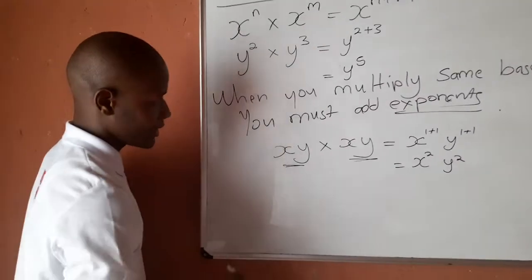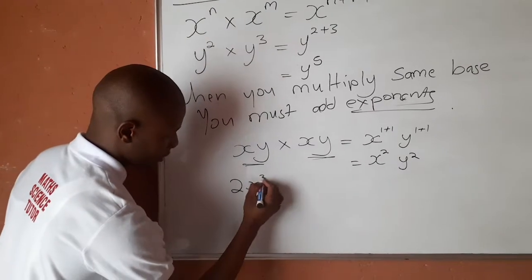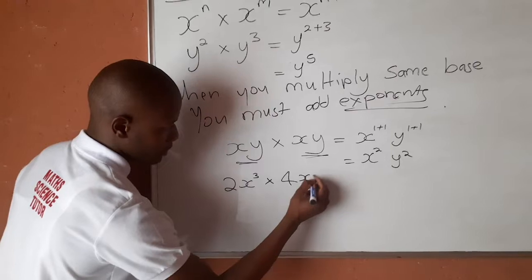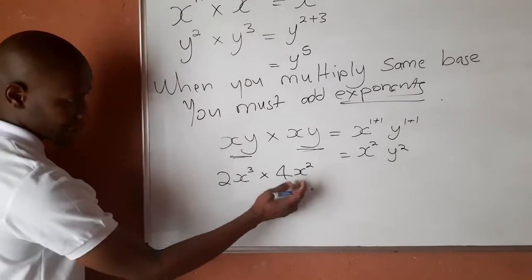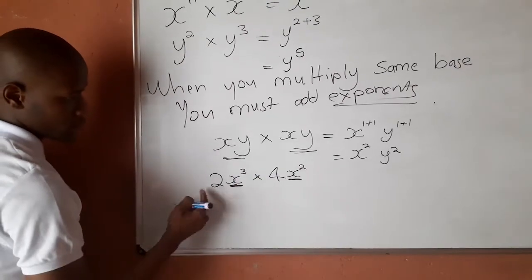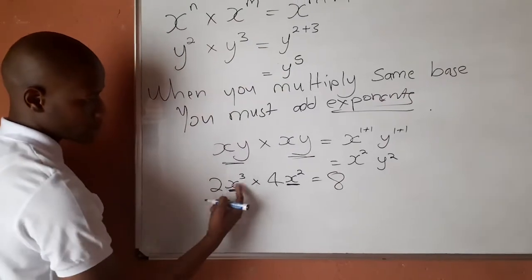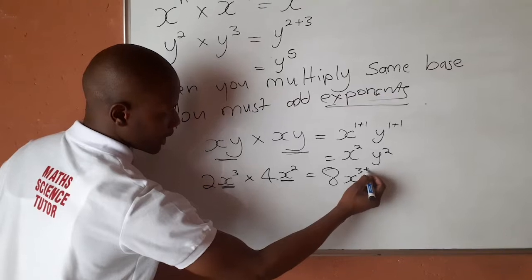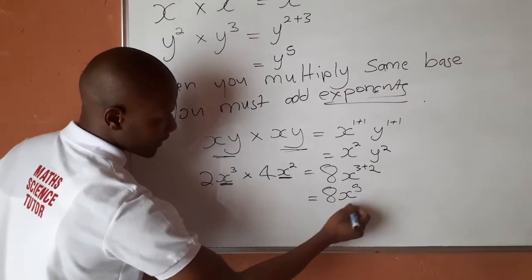So now they can say multiply 2x to the power 3 multiplied by 4x to the power 2. So check, when we multiply same base, we add the exponents. So 2 times 4 is going to be 8. X to the power 3 times x to the power 2 is x to the power 3 plus 2, which is the same as 8x to the power 5.